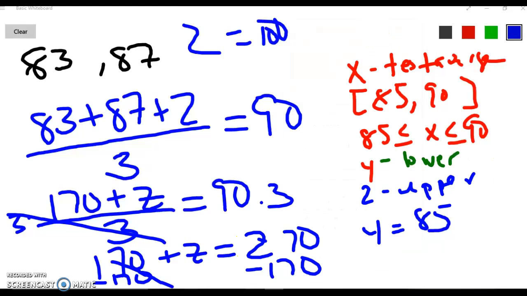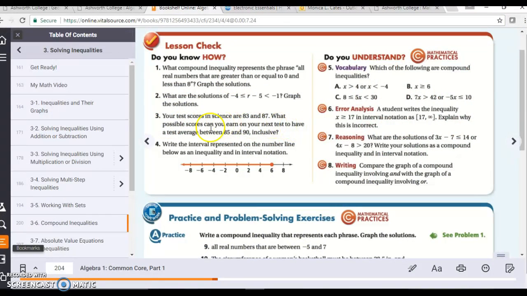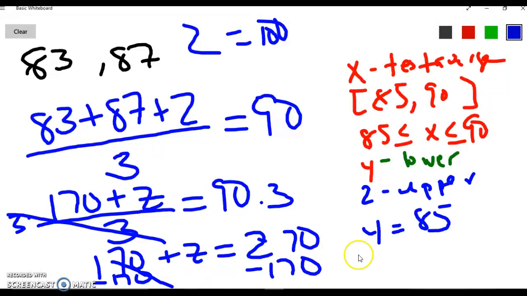So just to make sure that we are answering the question, it says your test scores in science class are 83 and 87. What possible scores can you earn on your next test to have a test average between 85 and 90 inclusive? So we know that they have to score between the 85 and 100. Let me clear this out so we can see it better.